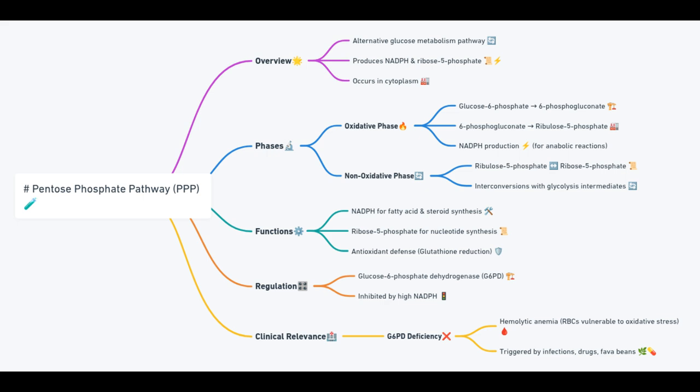The 6-phosphogluconolactone is converted to 6-phosphogluconate by gluconolactonase, which converts H2O to hydrogen ions, and the 6-phosphogluconate is converted by the enzyme 6-phosphogluconate dehydrogenase to ribulose 5-phosphate, utilizing NADP plus and releasing NADPH and CO2.